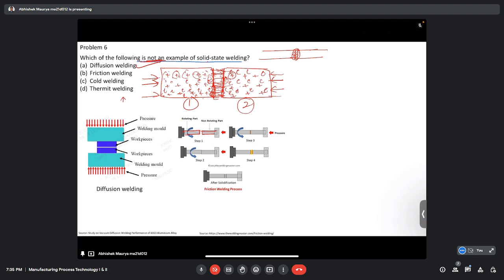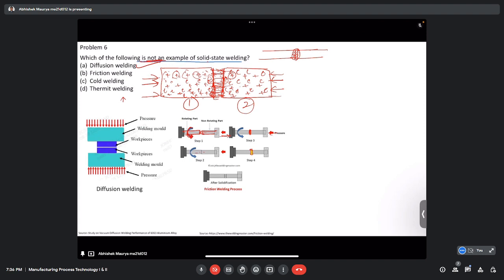One of the parts is rotating, and we bring the second part closer to the first, rotating part, and we apply some pressure from both sides. They contact each other, and because of friction heat is generated, and because of the heat as well as the pressure, the material gets plastically deformed and they adhere to each other.